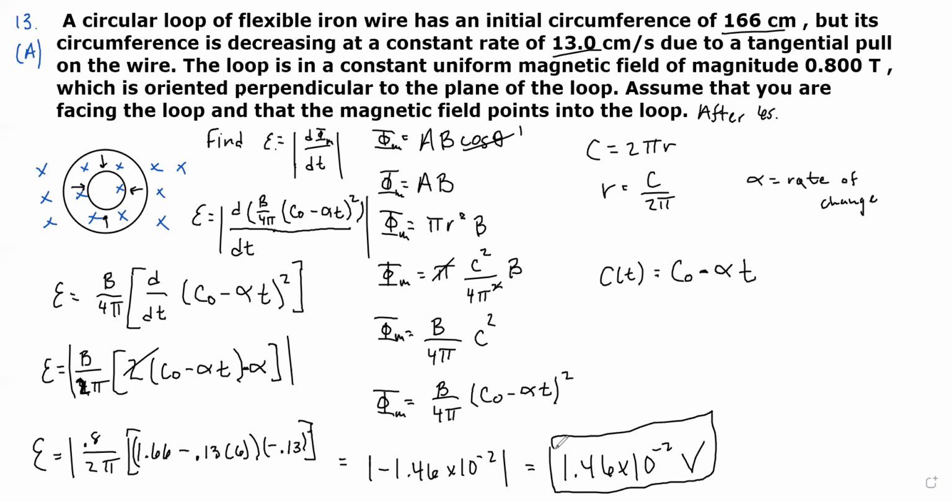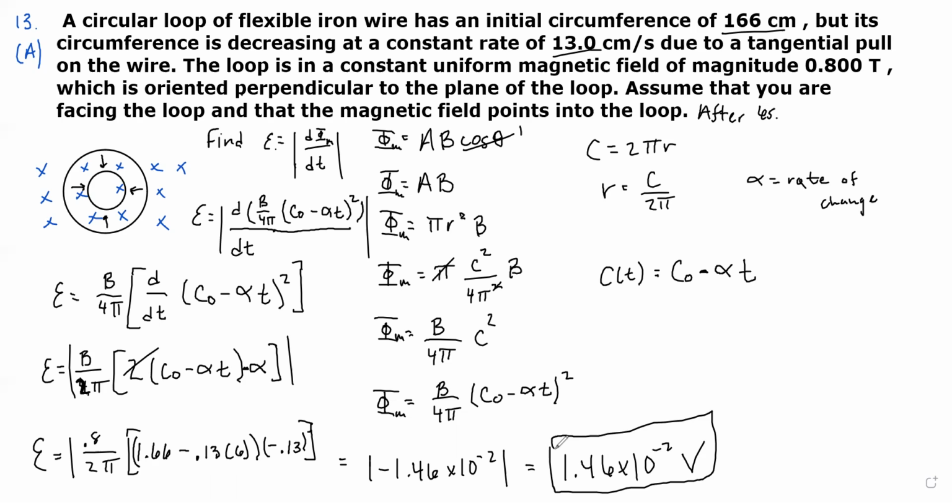Let me just double check and make sure that math checks out really quick. 0.13 times 6 is 0.78. 1.66 minus 0.78 gives us 0.88, multiplied by negative 0.13.